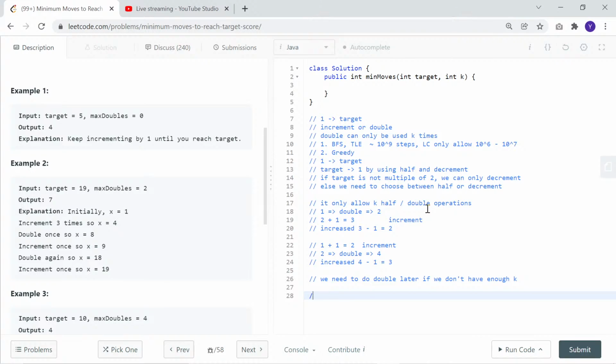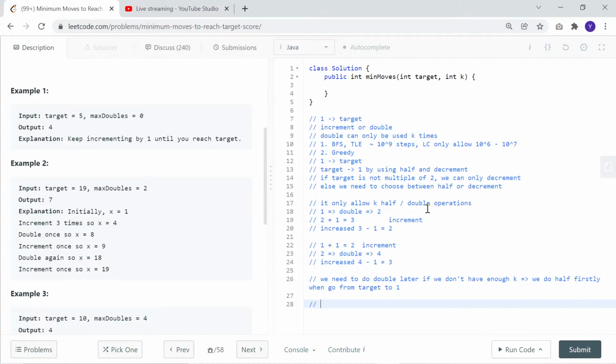So then when we do it reversely, we need to do the half firstly, which means when we go from target to 1.